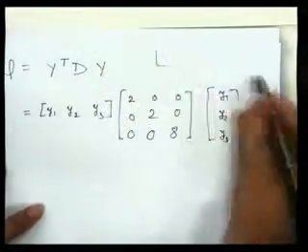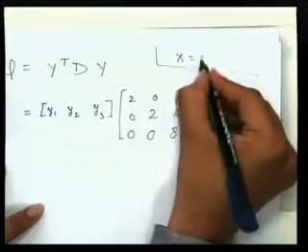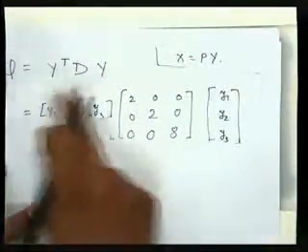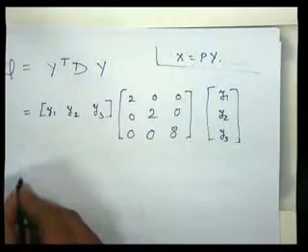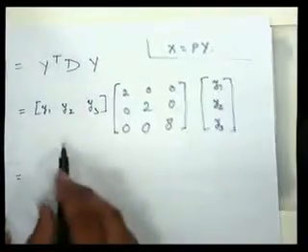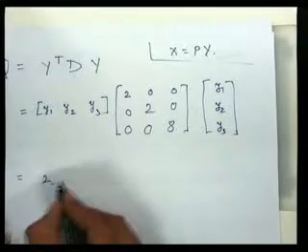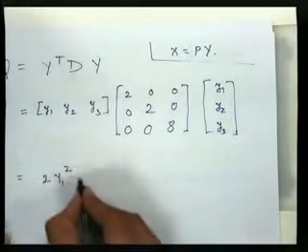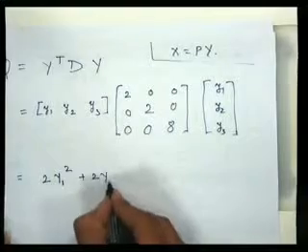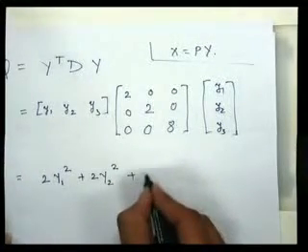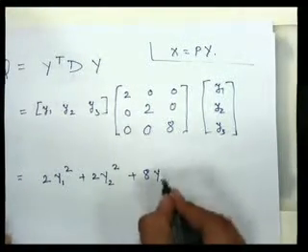The transformation we are applying is X = Py. We get the quadratic form in this form, and when you expand it, let us find the product. The product will be 2 y1 squared plus 2 y2 squared plus 8 y3 squared.